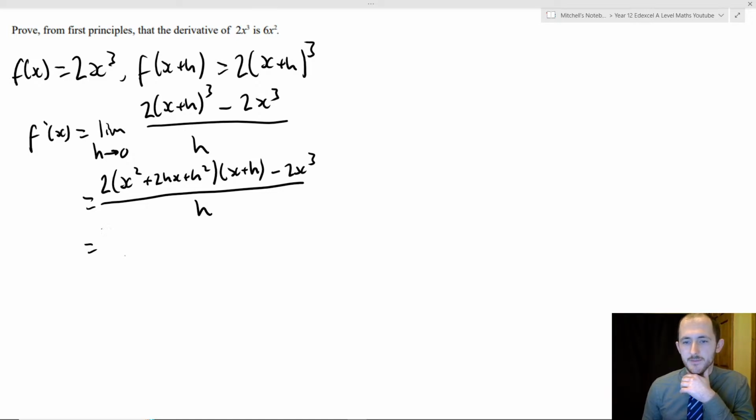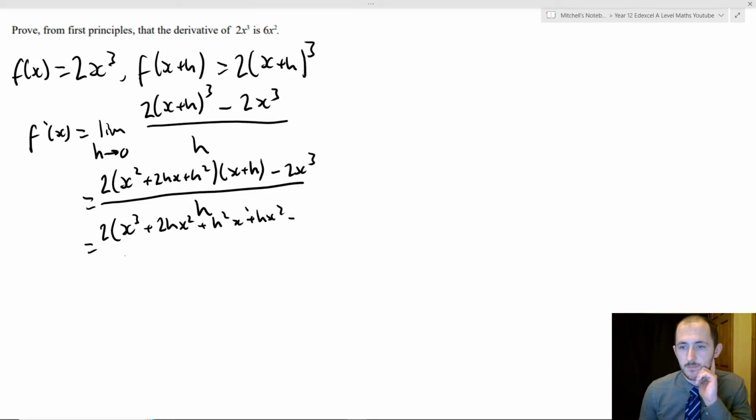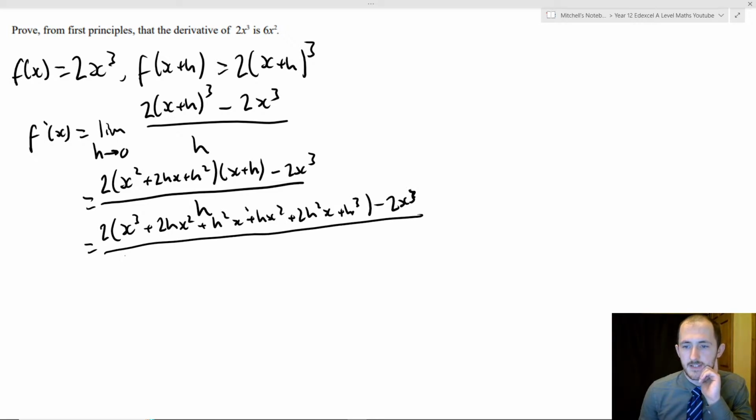So that means we have 2x cubed plus 2hx squared plus h squared x plus hx squared plus 2h squared x plus h cubed minus 2x cubed over h.